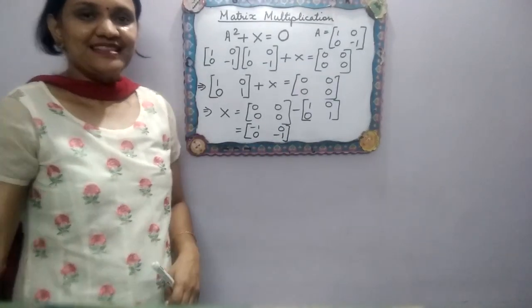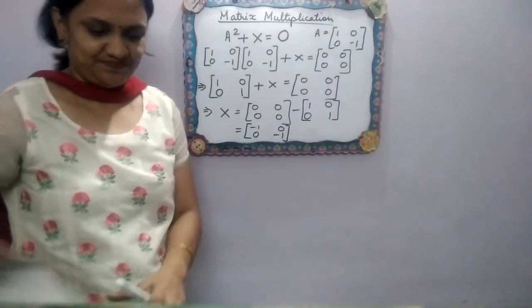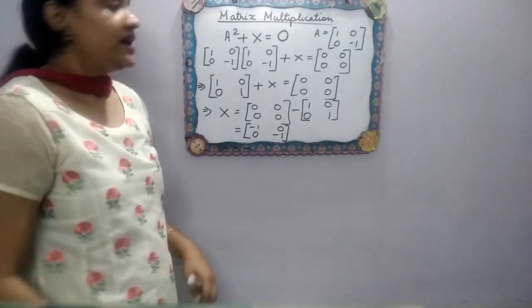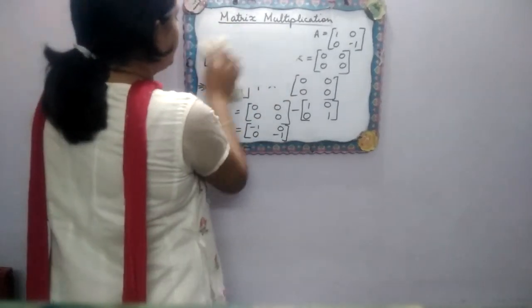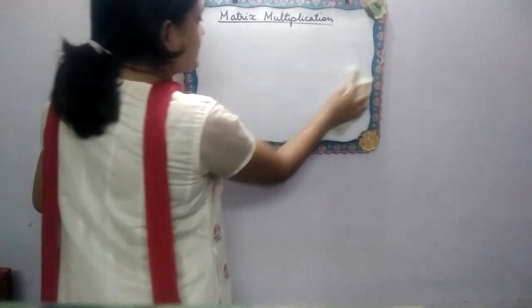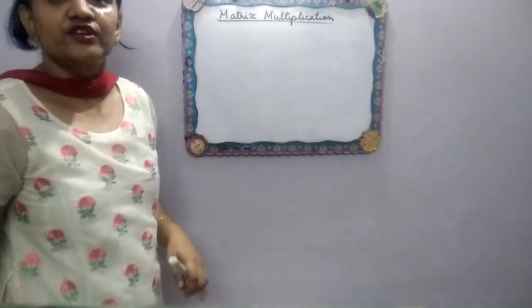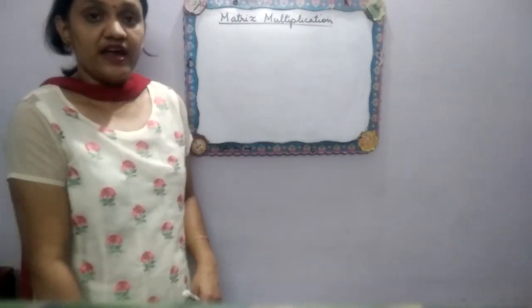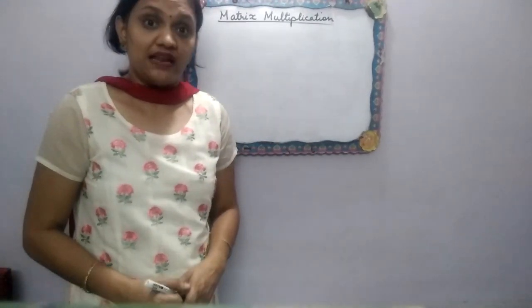Okay, now let's take another example. Now what I'm going to do is slightly confusing. Remember, we don't have division of matrices. We cannot do matrix A divided by matrix B. So how will we do a calculation where you have such values?